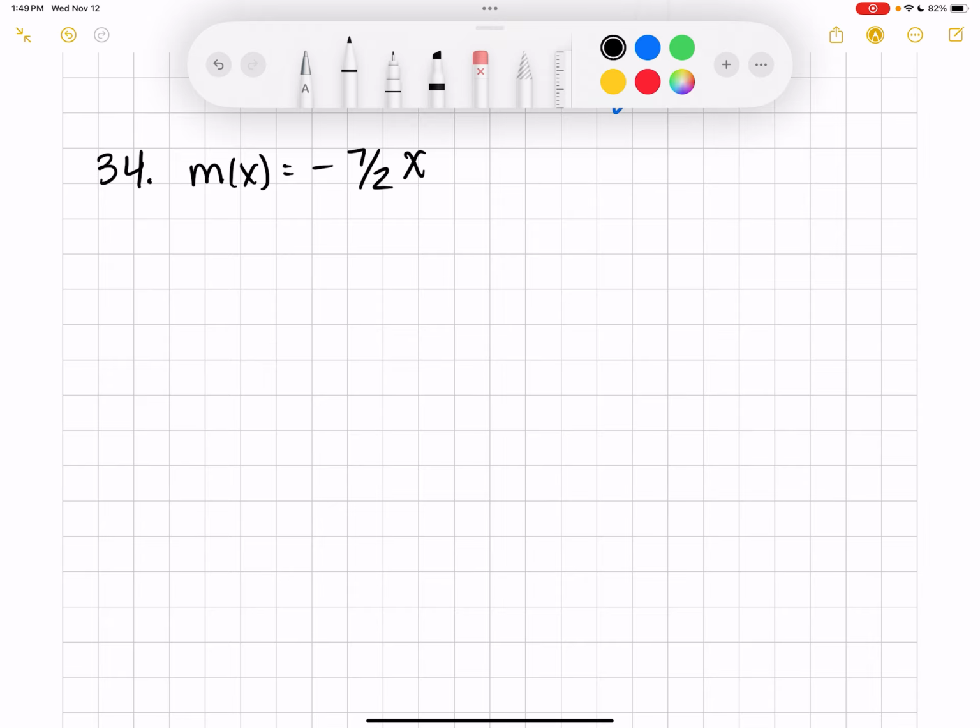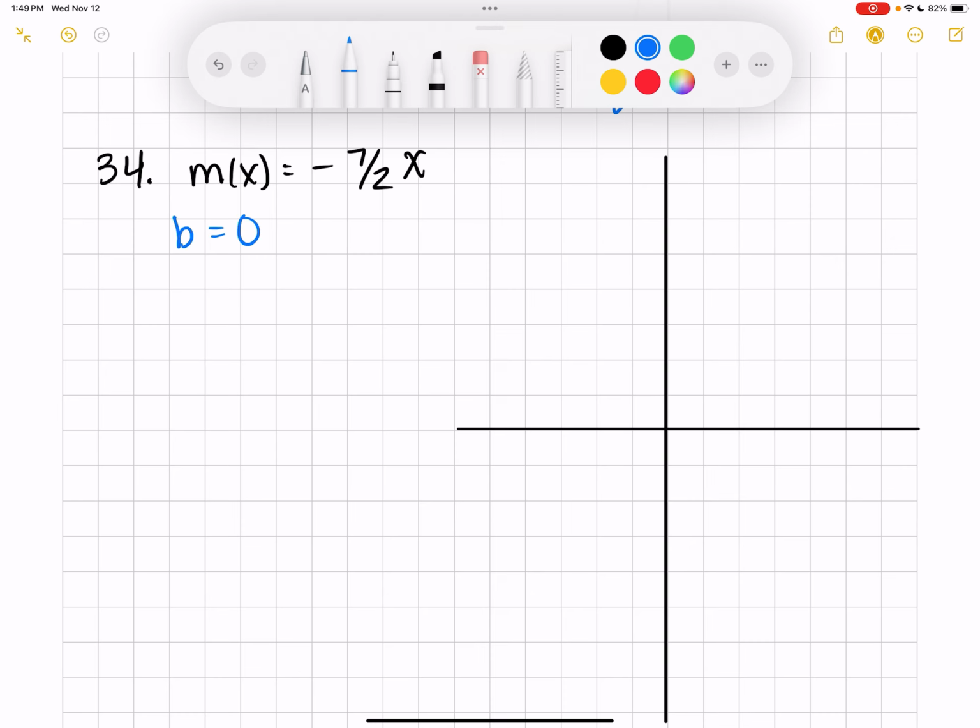But take a second and do this one, and then we'll go over it. Make sure you pay attention to your negative slope as well.